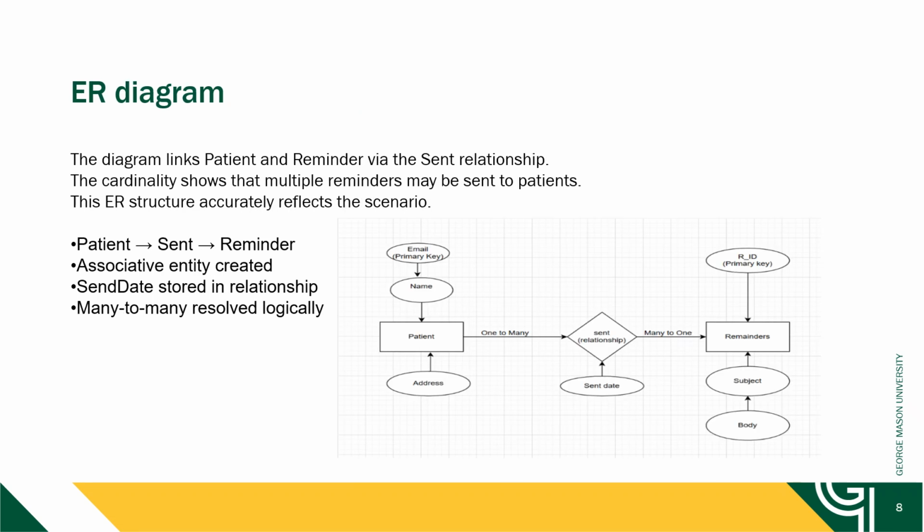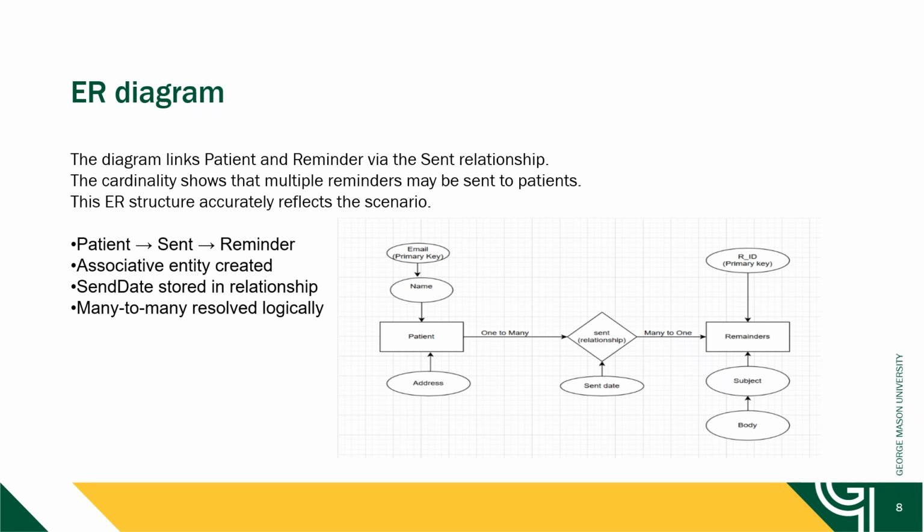So here's the ER diagram for the physician reminder system. This ER diagram illustrates the structure of the physician reminder. It shows how the patient and the reminder entities are connected through the sent relationship. The diagram also includes the attributes and the primary keys for each entity as well as the cardinality between them.